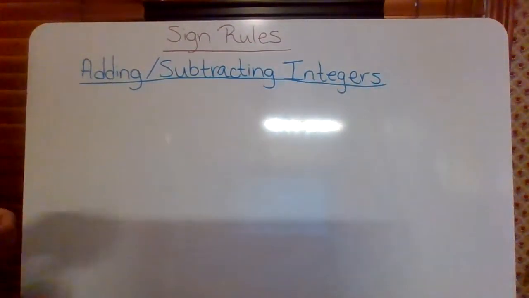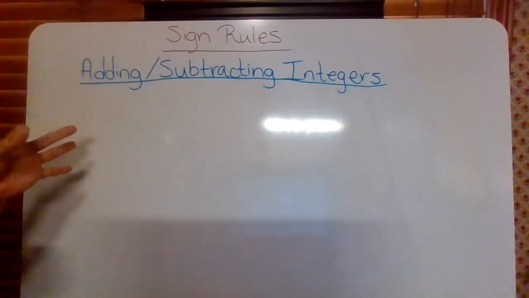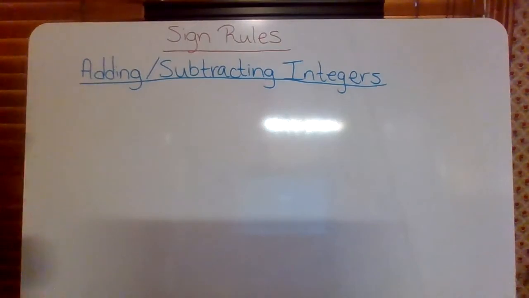So that's the first thing that we're going to talk about this week. So when you're talking about adding and subtracting integers, there are 3 questions that I want you to ask yourself. Okay? 3 questions.